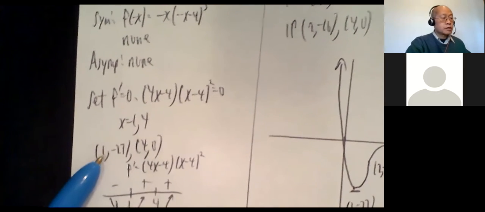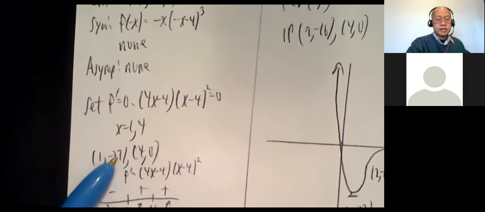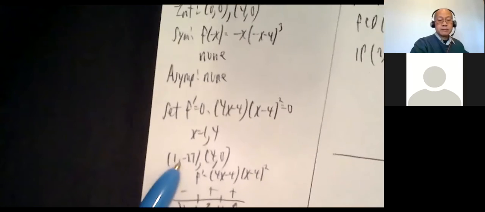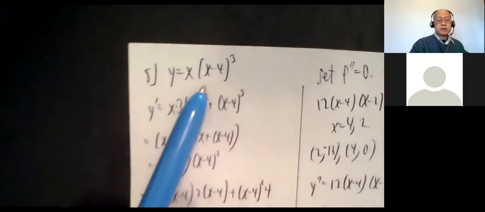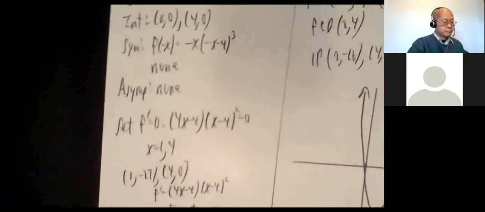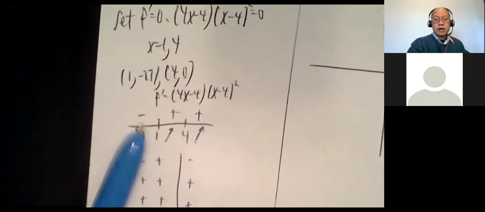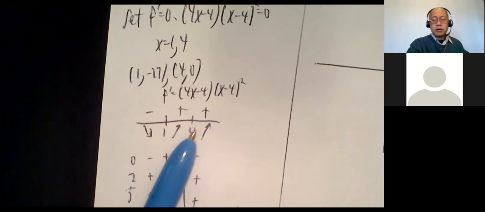Okay, plug back in: (1, negative 27). Plug in 1, that's 1. 1 minus 4 is negative 3. Negative 3 cubed is negative 27. And (4, 0) happens to be an intercept. All right, sign chart. F prime is 4x minus 4, x minus 4 squared. I lay down the 1, I lay down the 4, pick a number here, here, and here.